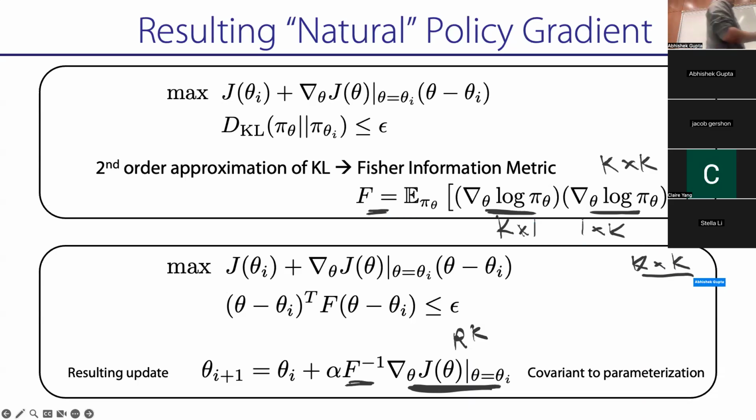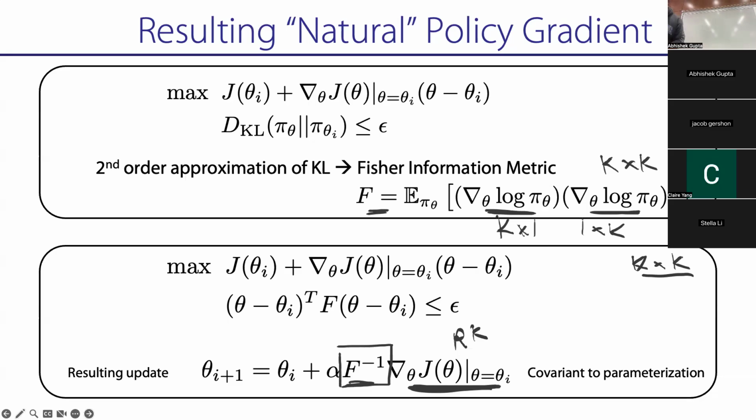On the x-axis is how sensitive log pi is to different parameters, on the y-axis is how sensitive log pi is to parameters, so it's parameter dimensional by parameter dimensional. The tricky part is that you are now inverting a k by k matrix, and if k is Llama, then it's 400 billion parameters that you're inverting. That's what makes it hard to use.